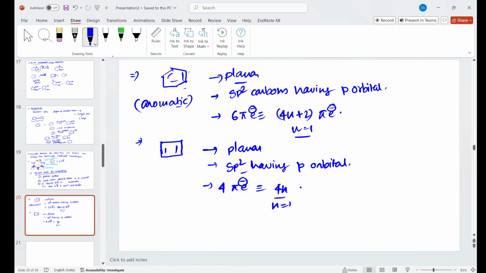If n you consider 1, this will be considered as anti-aromatic. What is the difference between aromatic and anti-aromatic? These are much higher in energy, anti-aromatic. So maybe you are not able to synthesize this compound, or it will be very reactive.